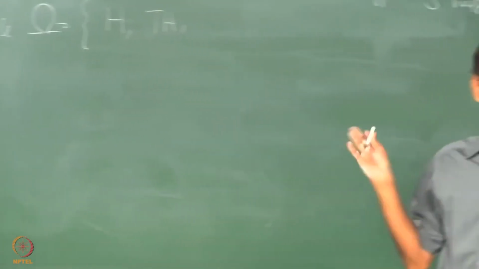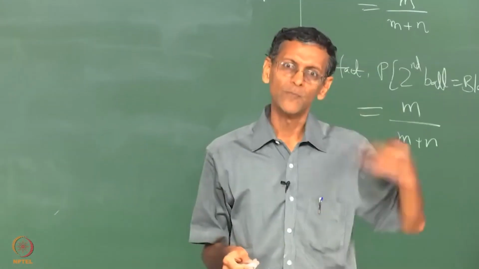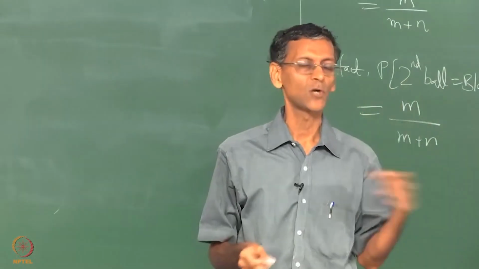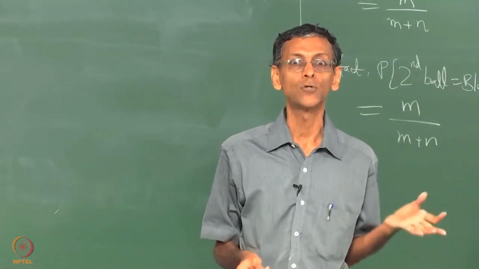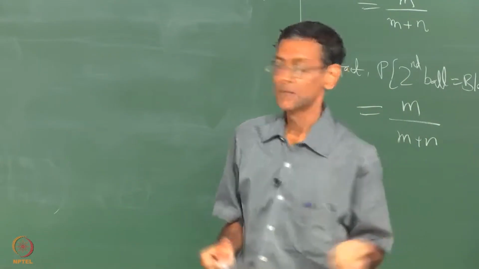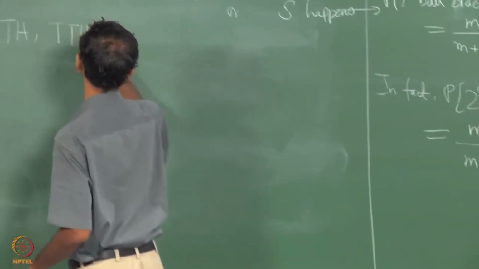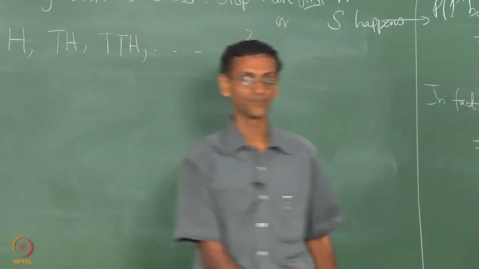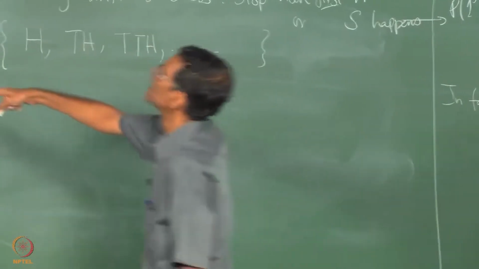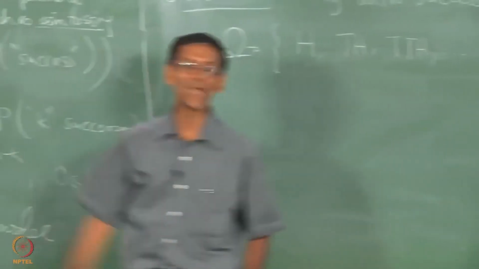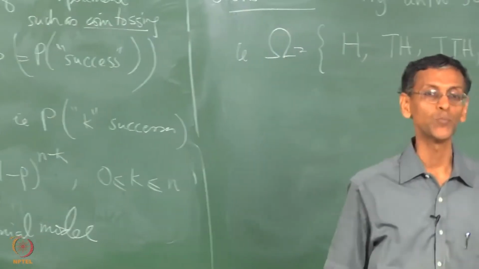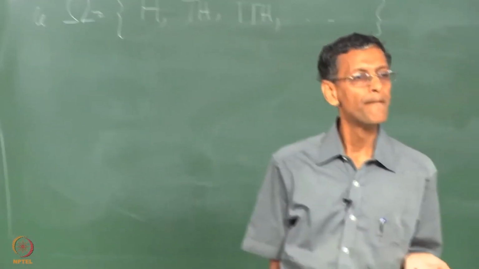I think we already hinted at this experiment in the first two classes, when we talked about how a sample space could contain a countable infinity of points. So there is no upper bound on how many times you might want to keep trying, whereas here capital omega has exactly how many points? It has exactly 2 power n points.